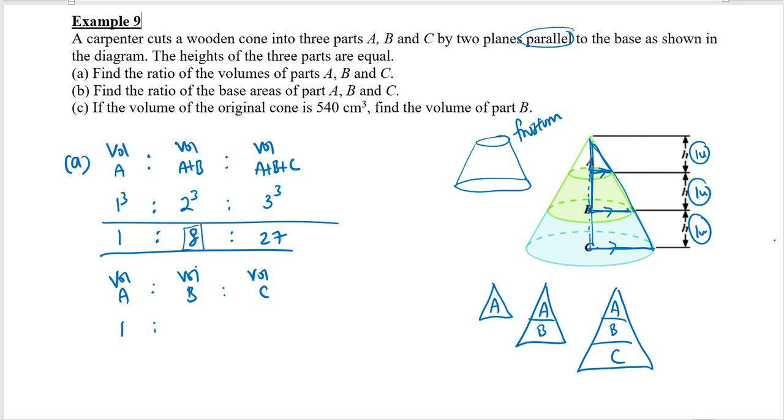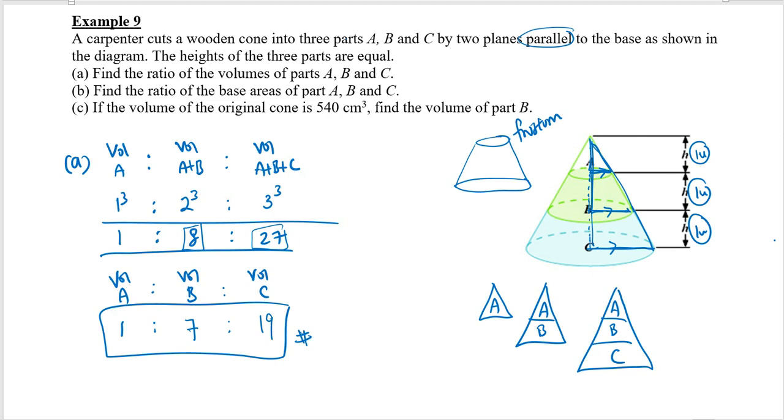Instead, I will write 8 minus 1, which is just the volume of B, so it's 7 units. And to find C, I will simply use 27 minus the volume for A plus B ratio, 27 minus 8, and therefore I will get 19 units. So this is the answer for part A.